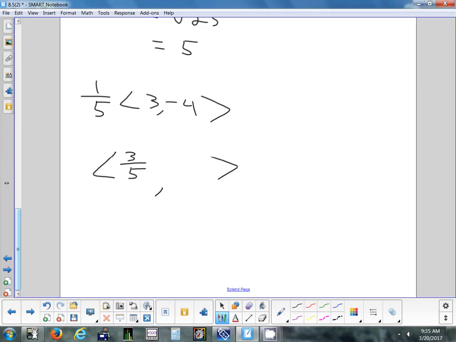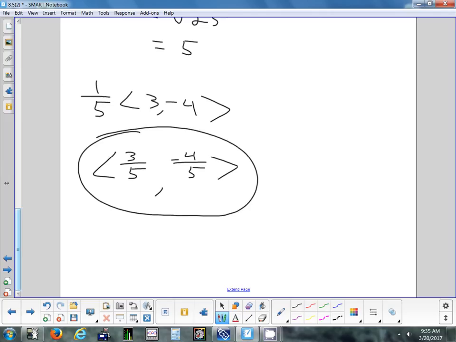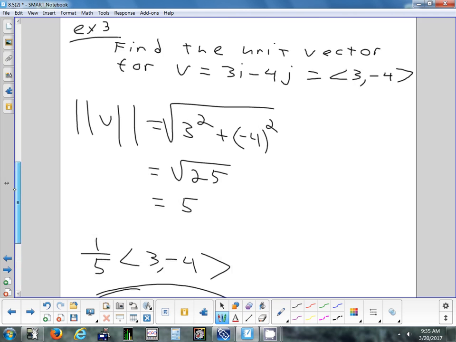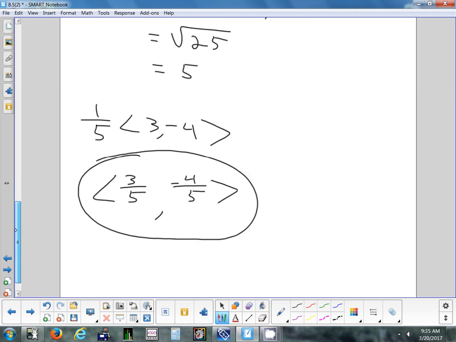And what about 1/5 times negative 4? Negative 4/5. So as I pointed out earlier, it's basically like I just took each component and divided them by their length, by 5. So this is a vector that points exactly the same way as the original. I didn't do anything to change direction. I just shortened it by 1/5.